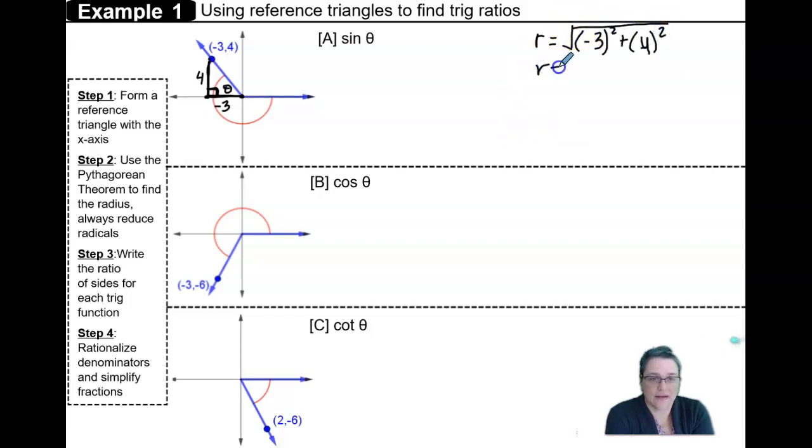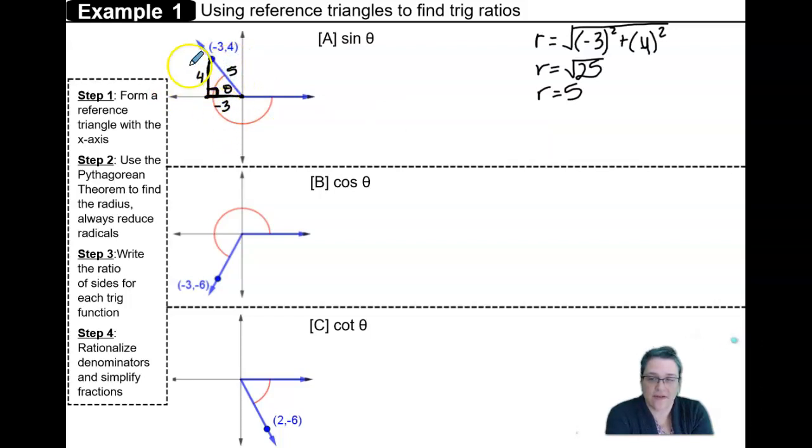So the radius is the square root of -3 quantity squared is 9, and then 4 squared is 16, and 9 plus 16 is 25. And the square root of 25 is 5. So the length of the radius is 5 units.